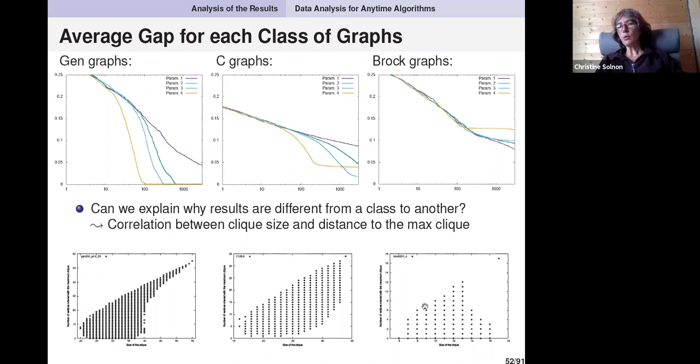For the case of the gen graphs, I see that I have a very nice correlation. The optimal solution, which is here, shares a lot of common vertices with the second best clique and so on. So once I have found a clique here, if my search is intensified, it will easily find this point. Whereas here I have the inverse phenomenon. The optimal solution is here.